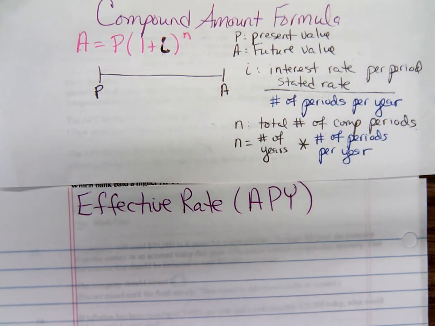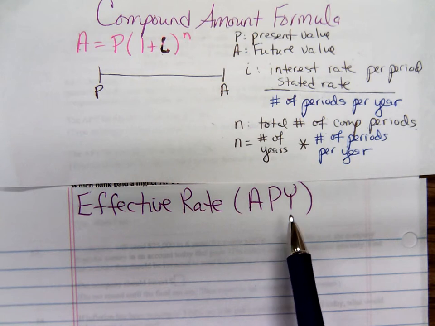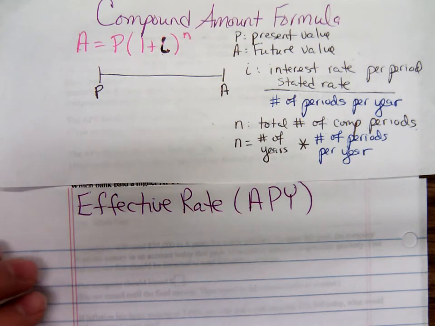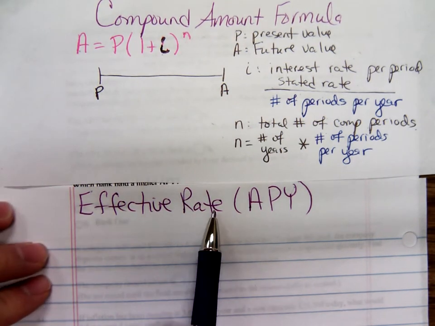The APR, annual percentage rate, is what financial institutions would call just the stated rate. The APY is the annual percentage yield, and it's referred to as effective rate also.